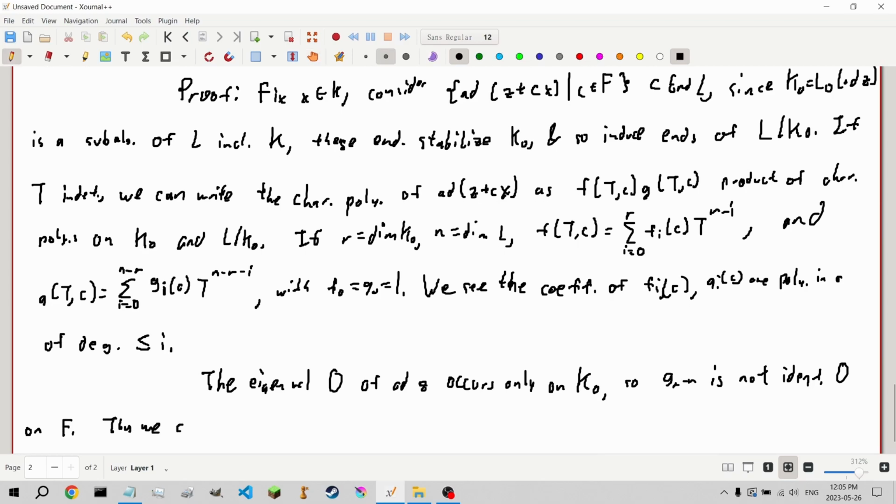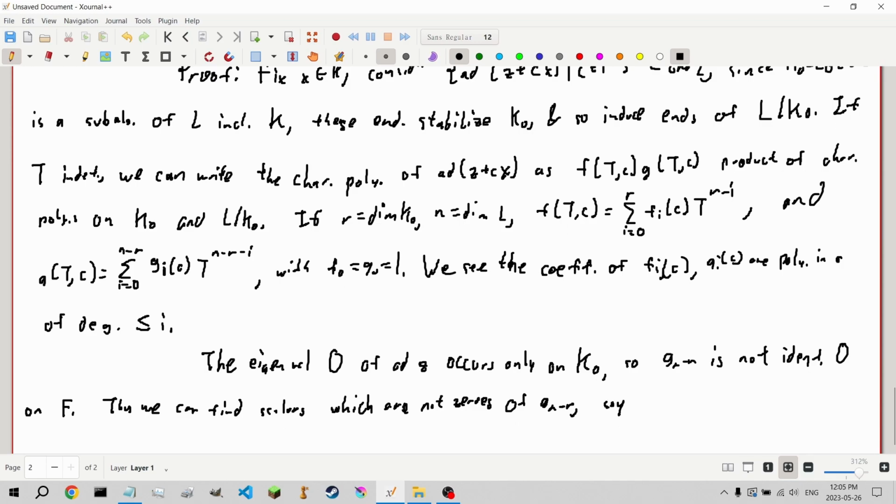Thus we can find scalars which are not zeros of g_{n minus r}, say c_i from 1 to r plus 1, distinct.